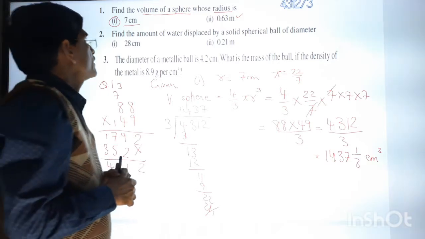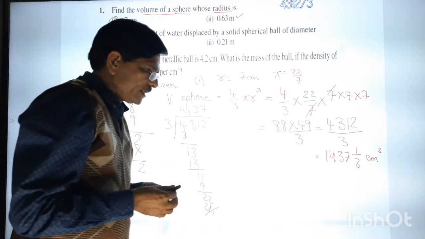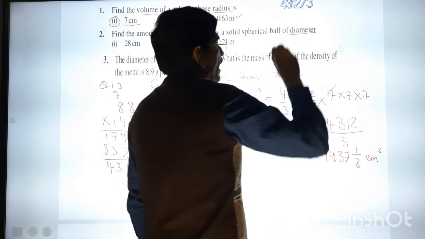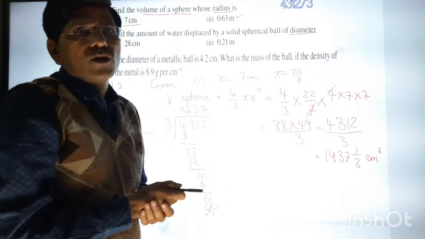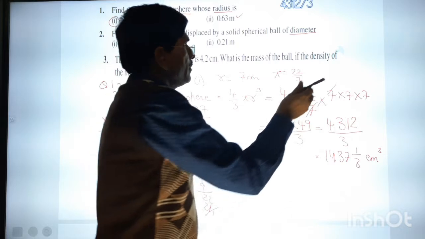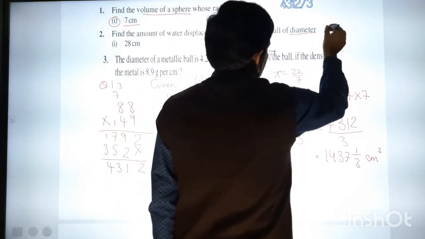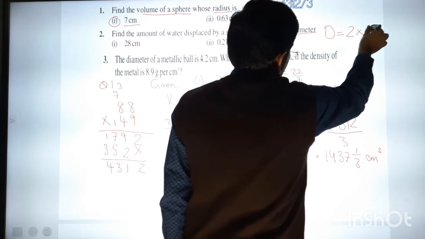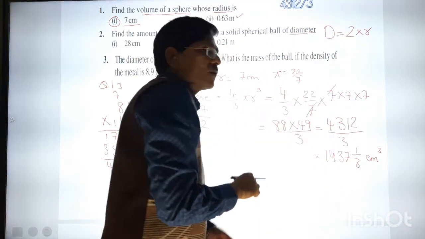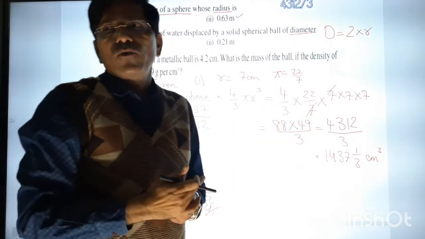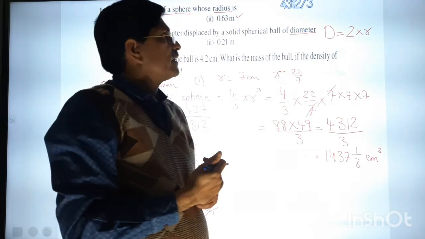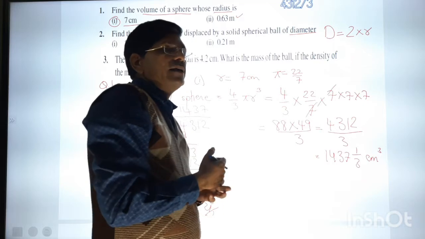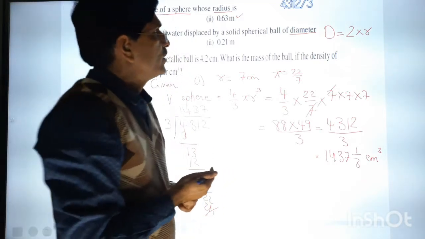In question number 2, the diameter is given. Everyone knows the relation between diameter and radius: d is equal to 2 multiplied by radius. So we can easily find the radius by dividing the diameter by 2.